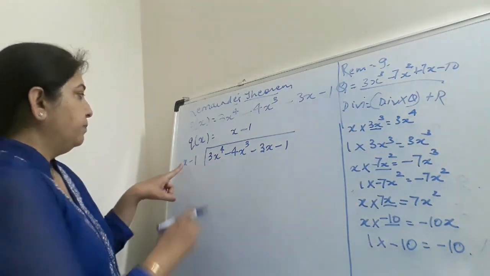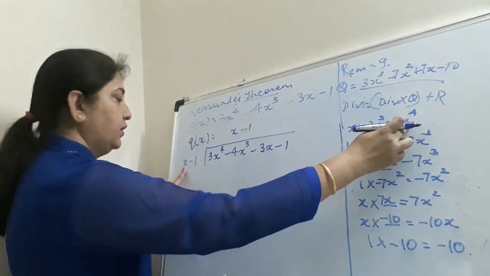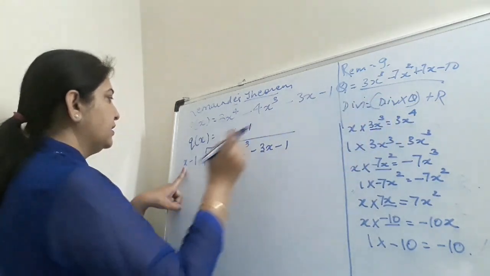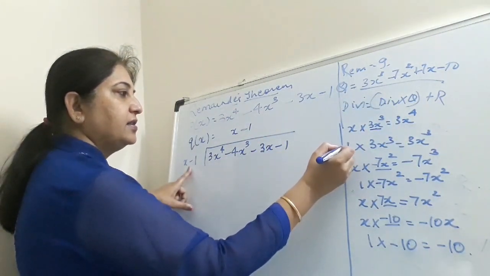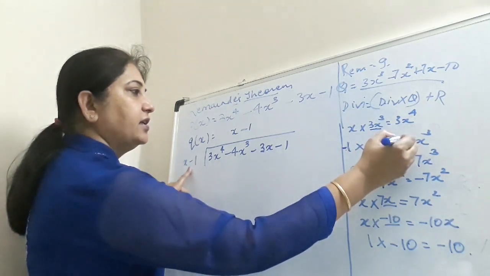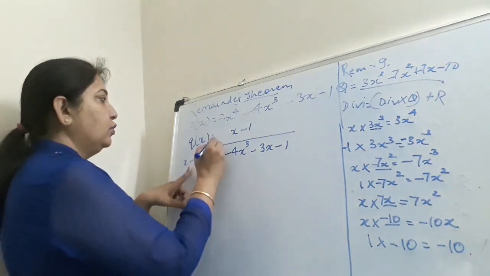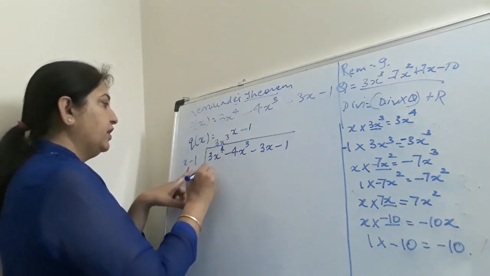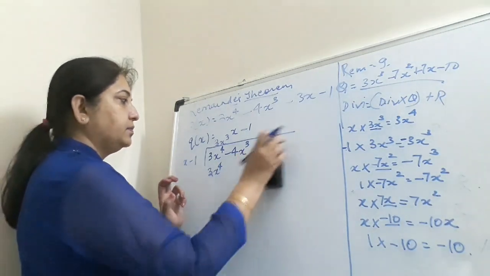So let's begin. X into 3x cube will give me 3x to the power of 4, and minus 1 into 3x to the power of 3 will give me minus 3x cube. I will write this again. X into 3x cube will give me 3x to the power of 4, and I told you to leave place here.